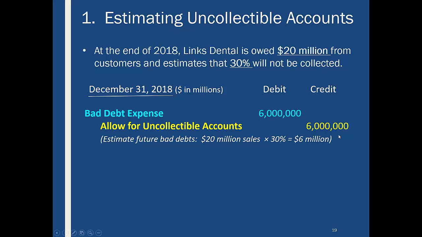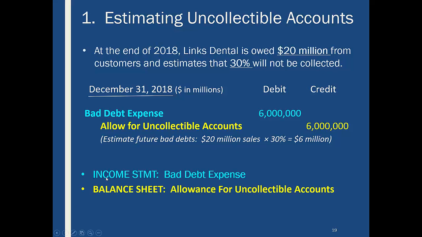So if I had $20 million in sales, what I'm really saying is, yeah, I know I made $20 million in sales, but I have this inkling, this feeling that 30% of those, or $6 million of that $20 million, is not going to be collected. So to be fair, I need to represent my numbers properly and reduce my accounts receivable balance by that $6 million. Okay, so the income statement gets the bad debt, the balance sheet gets the allowance for uncollectible accounts as a contra.